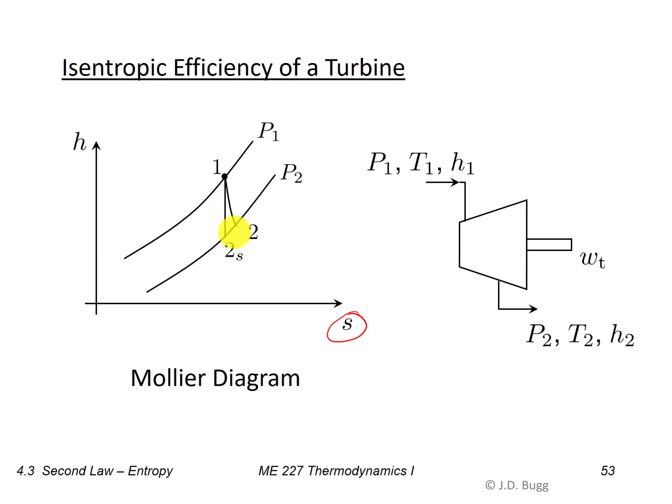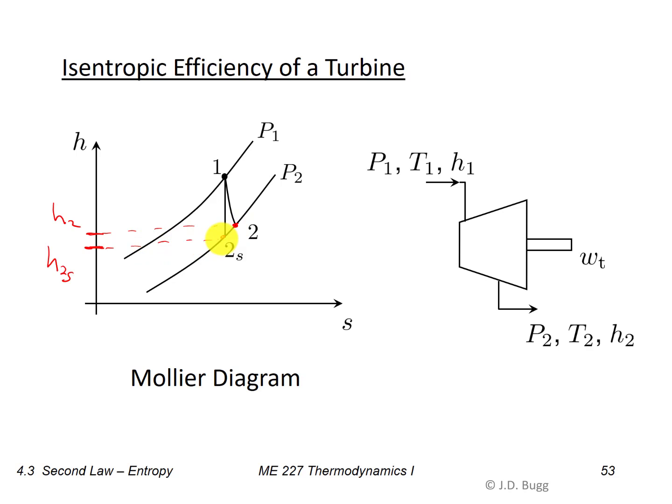It still ends at the same pressure, so point 2 and point 2s are on the same line of constant pressure, but because it drifted to the right, it hits P2 at a higher value of H. So notice this value of H down here will be H2s, and this value of H up here will be H2, because those go straight across to those 2 points.